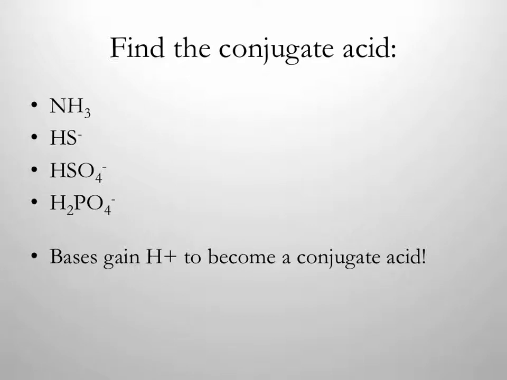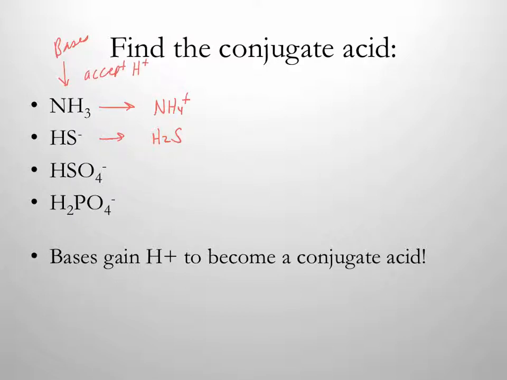So if you have this sort of situation, you could be asked this in a multiple choice question, to find the conjugate acid. Well, what that's saying is that all of these things are bases, which means they are lacking a hydrogen. So what does this become when it gets a hydrogen? NH4 plus. What does this become? H2S. And remember, it's accepting a proton.